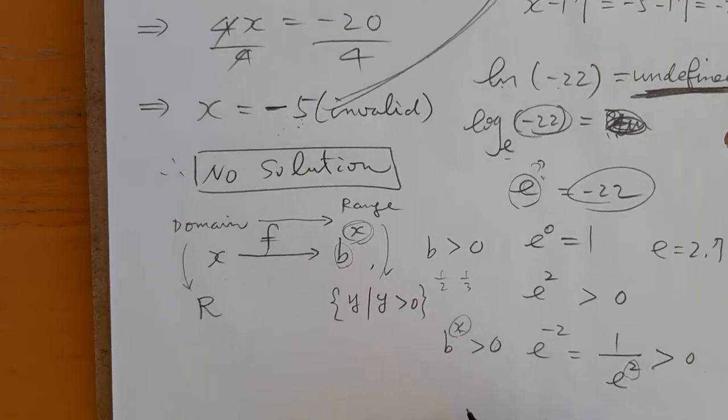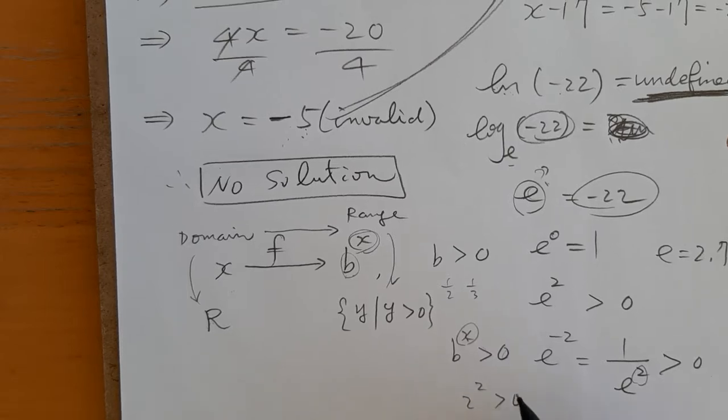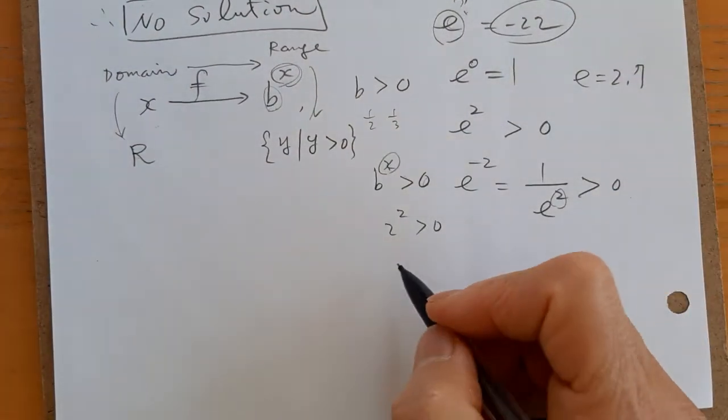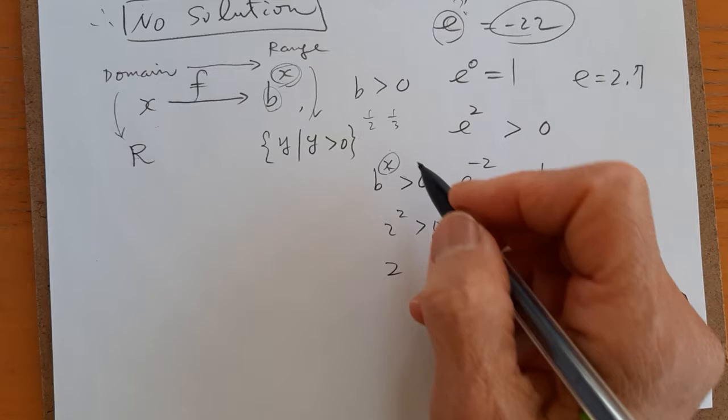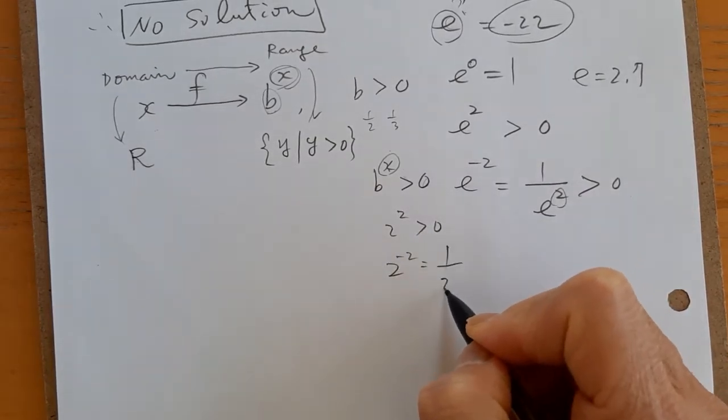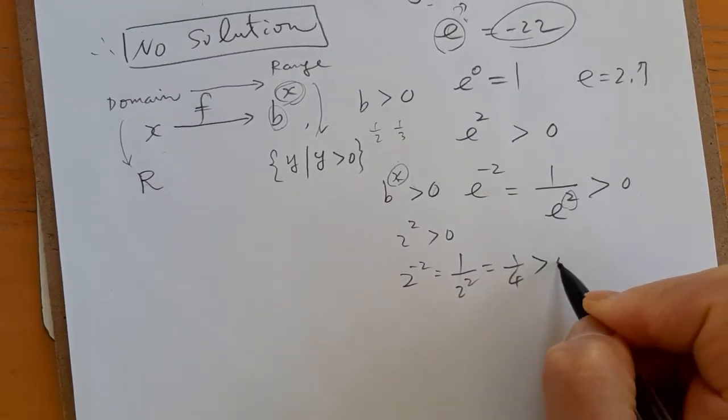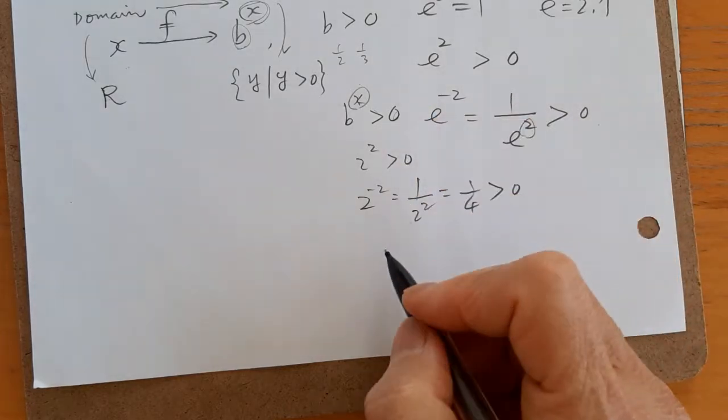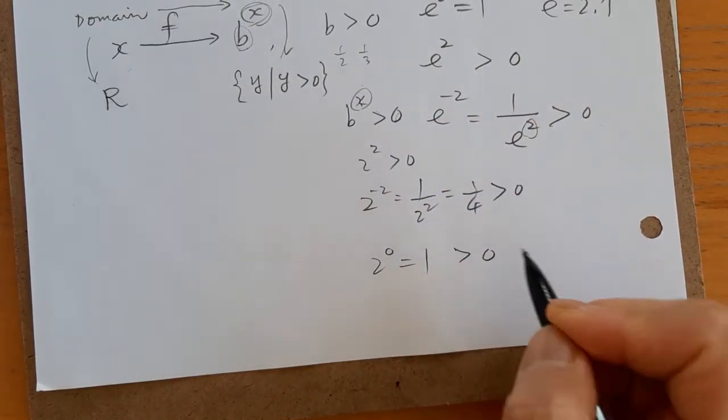For example, if b is 2, 2 squared is 4, positive. If x is negative 2, you get 1 over 2 squared, 1/4, still positive. If x is 0, 2 to the power 0 is 1, still positive.